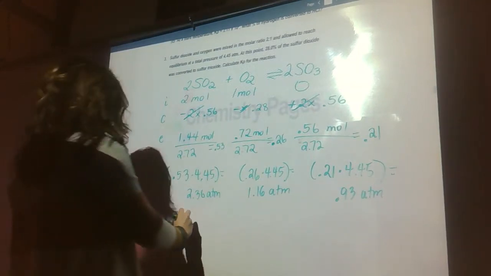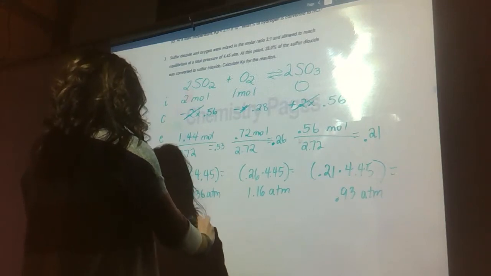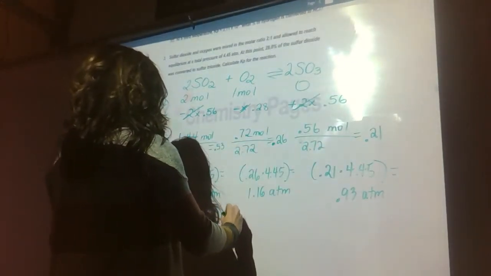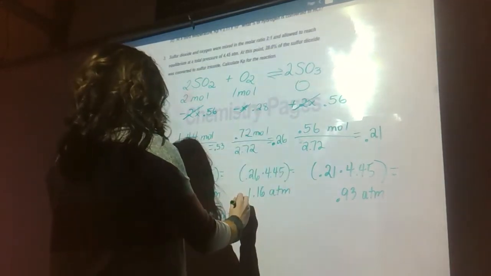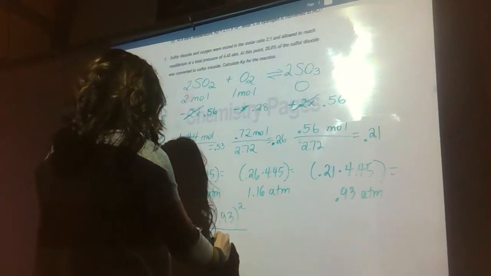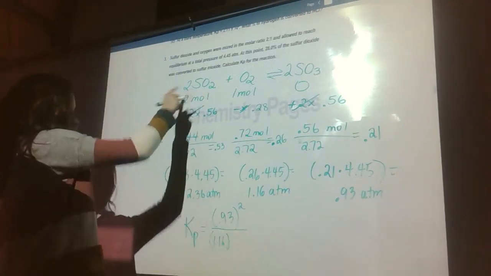Then, to calculate Kp, I take my product and I have to square it, divided by my reactants, and this one needs to be squared.